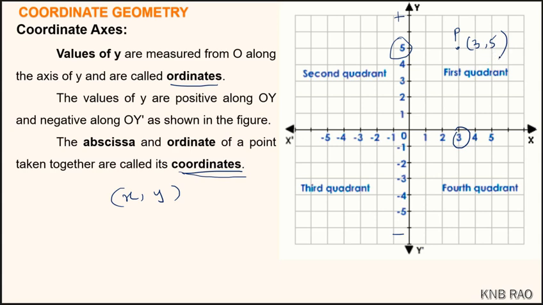What is this 3? 3 is the perpendicular distance from a point to the y axis, and what is ordinate? The perpendicular distance from a point to the x axis. Y coordinate gives the perpendicular distance from a point to the x axis, and x coordinate gives the perpendicular distance from a point to the y axis.